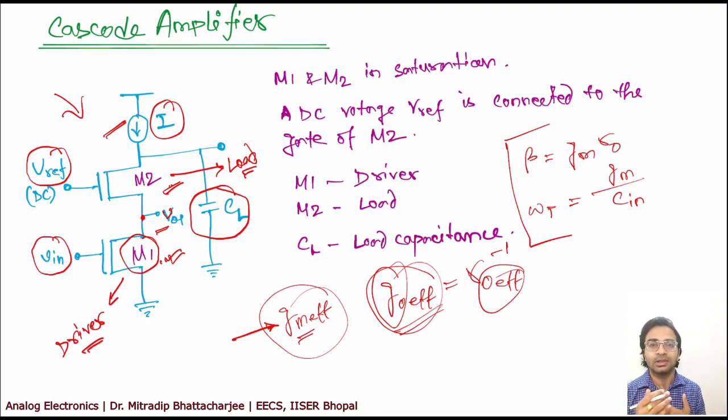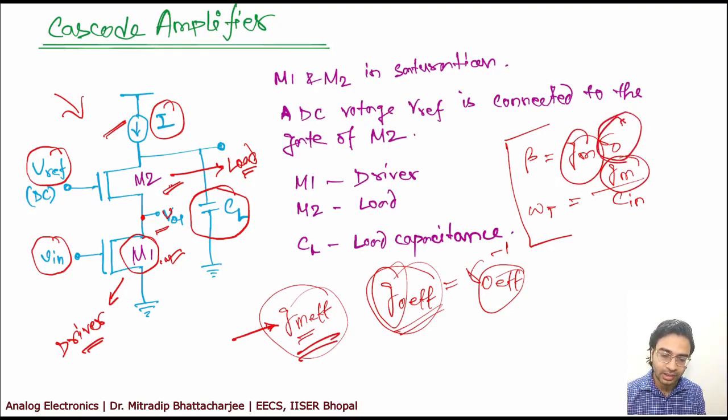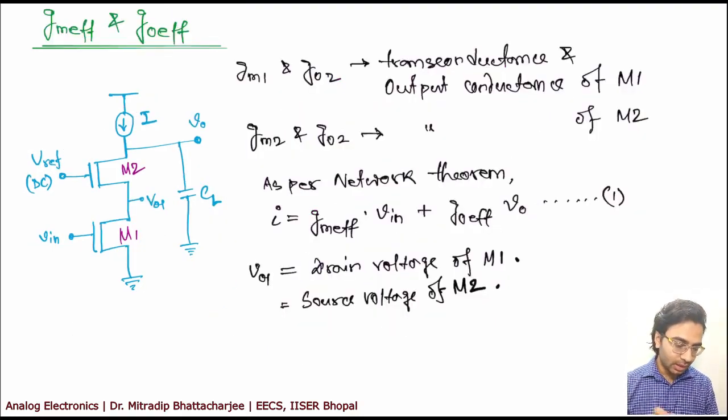If we can decouple these two, our job is done. For that purpose, you can see that gm is a common factor in both. So finding gm effective is required. However, ro effective is also important, right? That is also very important. That's why our first objective is to figure out what gm effective and go effective are. Let us start with gm effective.